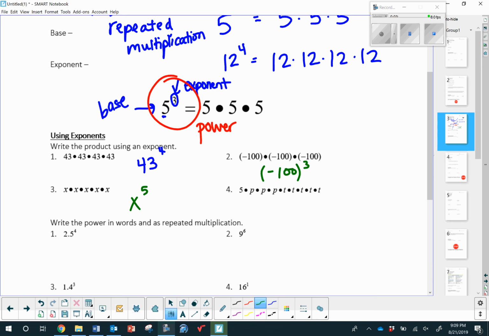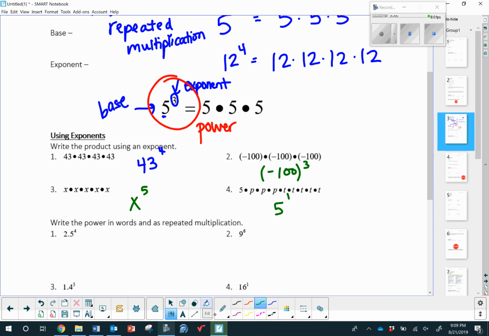All right, in number 4, we have a number and 2 variables. So we're just going to write it in the order that it appears. So we have 1, 5. So it doesn't need an exponent. If we were to write an exponent of 1, that is technically correct. However, you're not going to see it written very often because 5 to the 1st power is simply just 5.